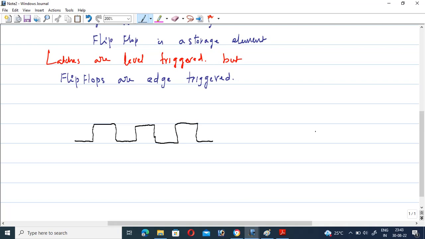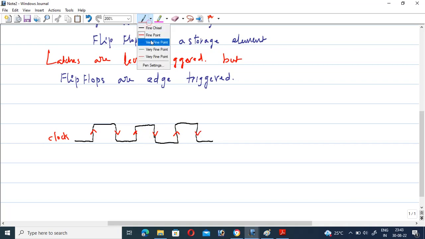A clock is nothing but a periodic signal. Let us consider this a clock signal. It has a rising edge, a falling edge, a rising edge, a falling edge.